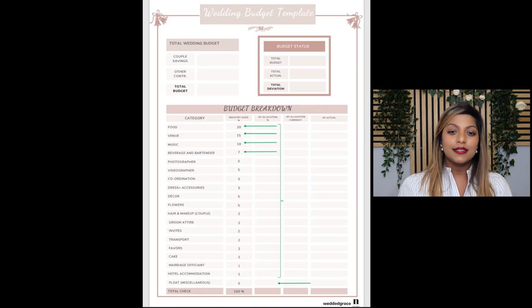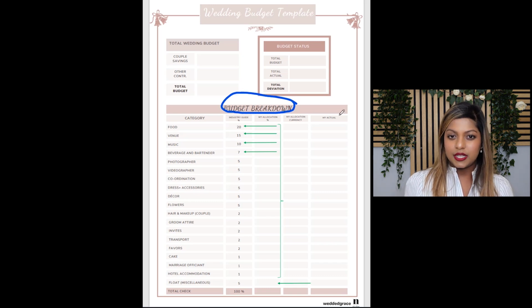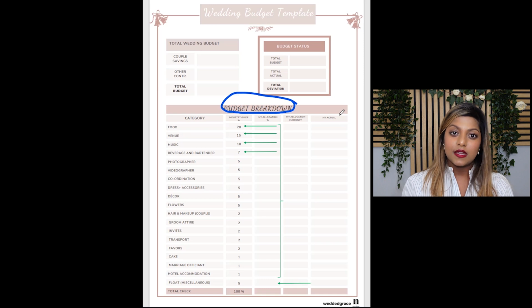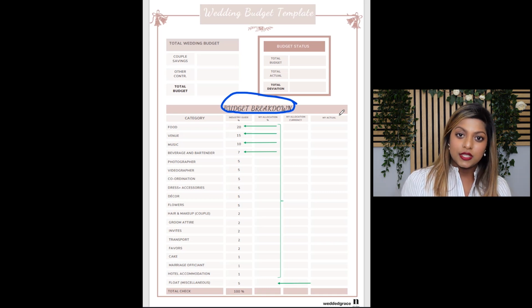So now we're going to look at the budget breakdown, which is this portion down here. The essential idea with the budget breakdown is we're taking your total amount of money that you have to spend on your wedding and we're breaking it into categories of expenses, because essentially your budget is going to be spent on certain things.